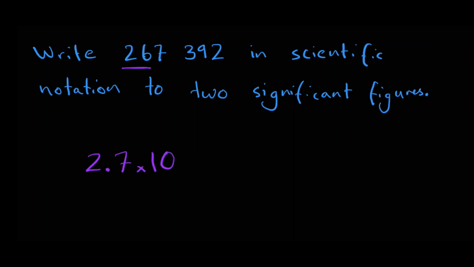So let's count how many places we move the decimal point. 1, 2, 3, 4, 5. So our final answer is 2.7 times 10 to the power of 5.